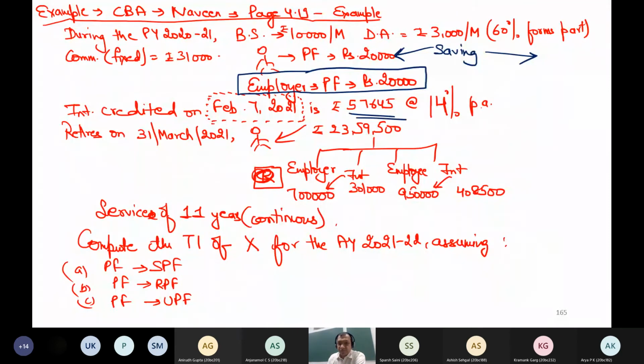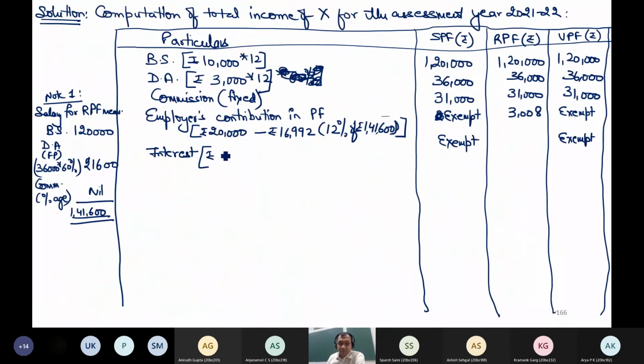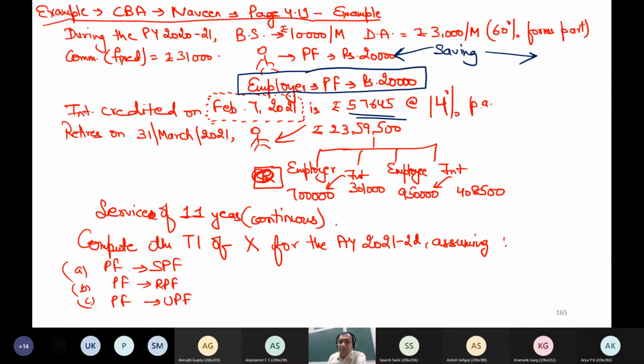Interest is 57,645. Do you know how much is exempt? 57,645 is the interest at 14%. Remember, this is the interest figure. It is not the amount on which you will compute 14%.